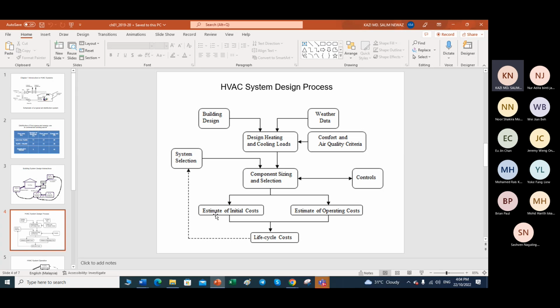Balancing and modernization is the last step, where we need to maintain the capacity of the heating, ventilation, air conditioning system. So these points need to be considered.